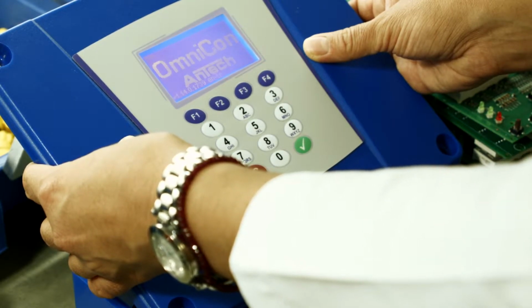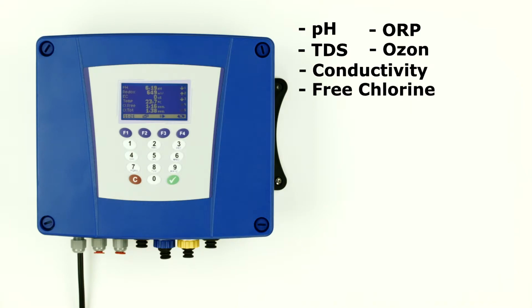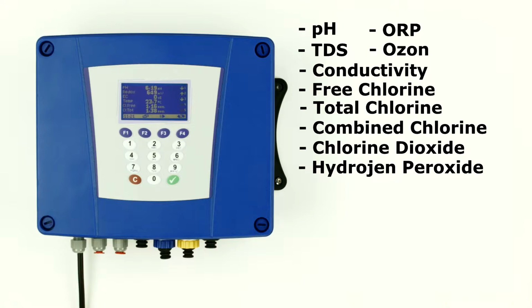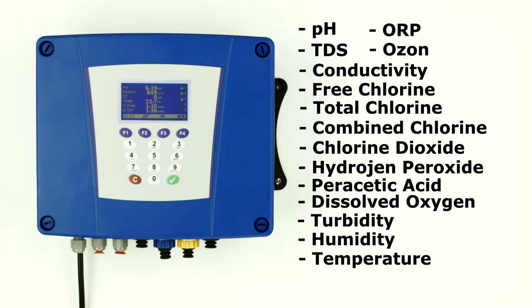Omnicon control device is capable of monitoring and controlling a variety of parameters including pH, ORP, TDS, ozone, conductivity, free chlorine, total chlorine, combined chlorine, chlorine dioxide, hydrogen peroxide, peracetic acid, dissolved oxygen, turbidity, humidity, and temperature.